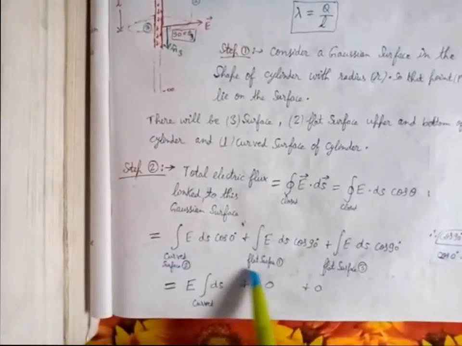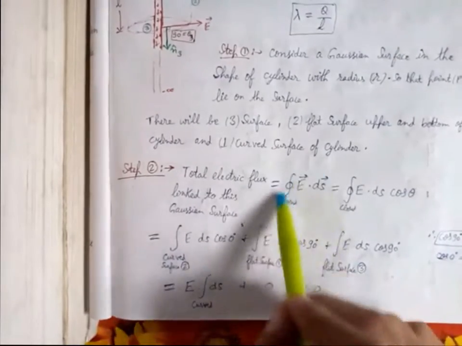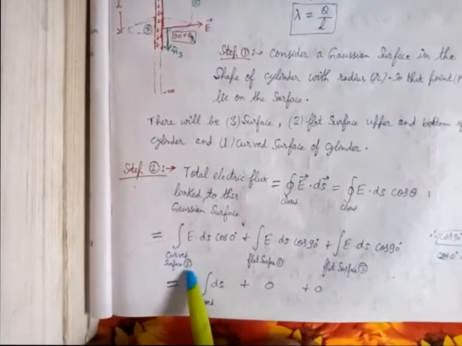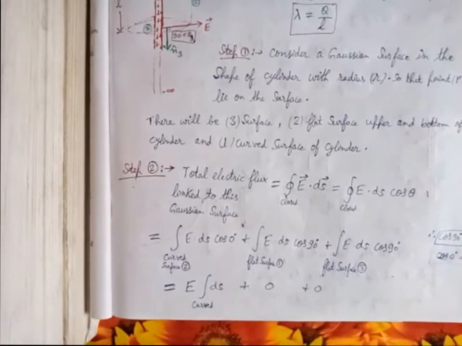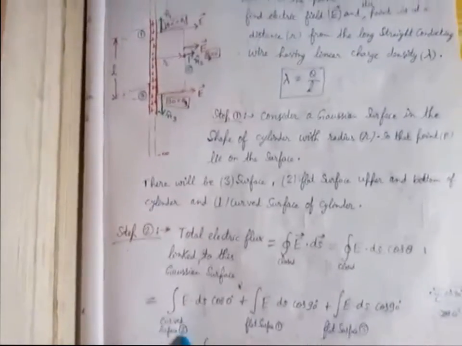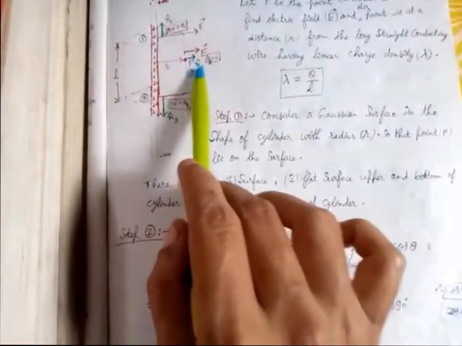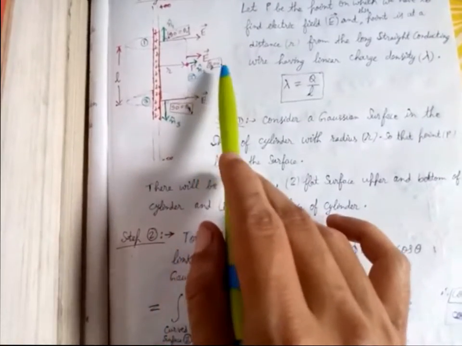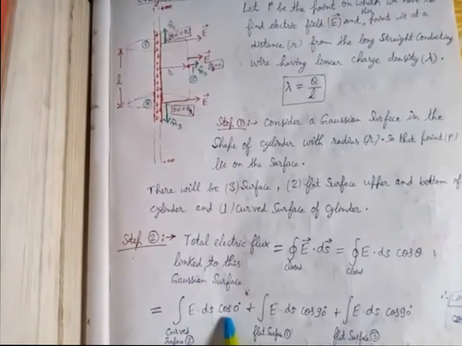Now there are three surfaces which get added to form this closed surface: first the curved surface, then the two flat surfaces. Surface number 2 is the curved surface as shown in the figure. The angle between this E and this n2 cap vector, theta 2, is 0 degrees, so E ds into cos 0 degrees.